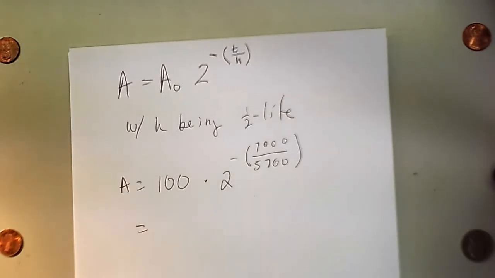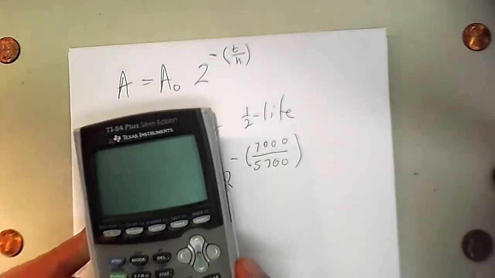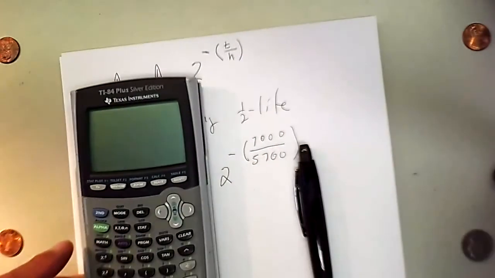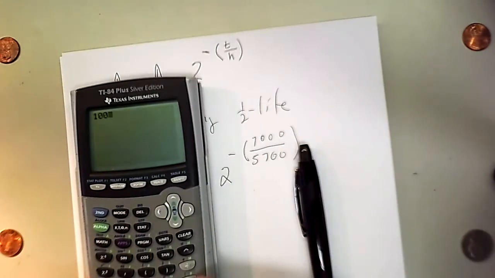So let's do this. We start with 100 times 2 with the exponent, and I'm going to put the exponent in parentheses.